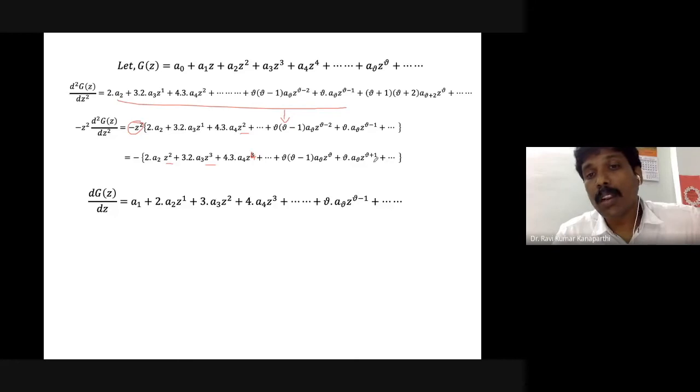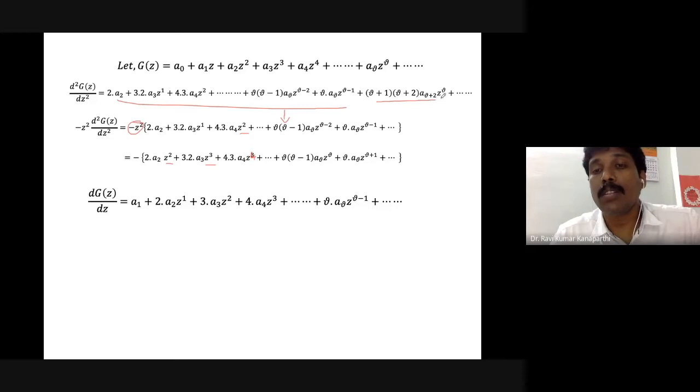So likewise, you can write down all the terms. Of course, I have written some other terms also; these are basically general terms. The general term in the derivative is given here. What is the general term?